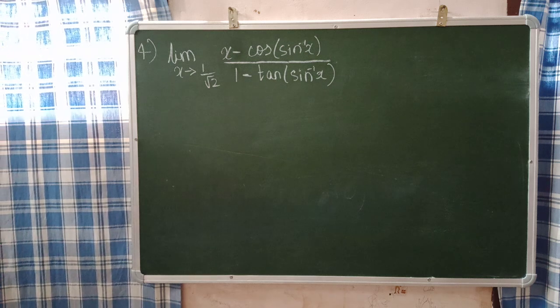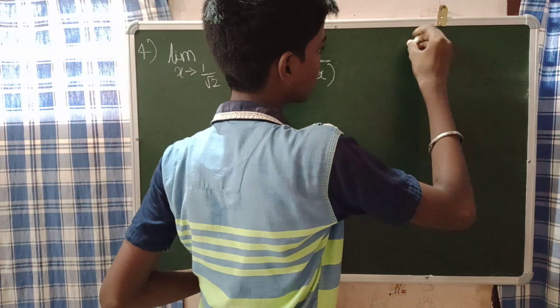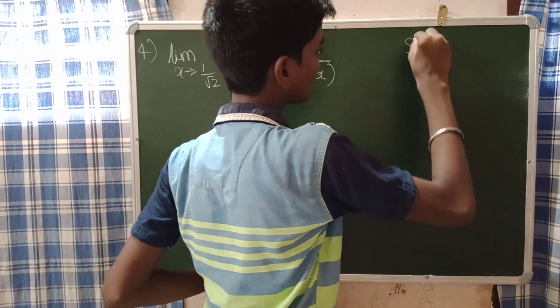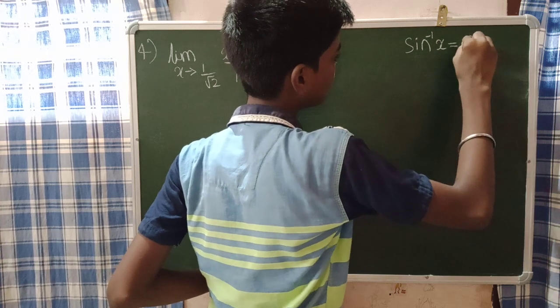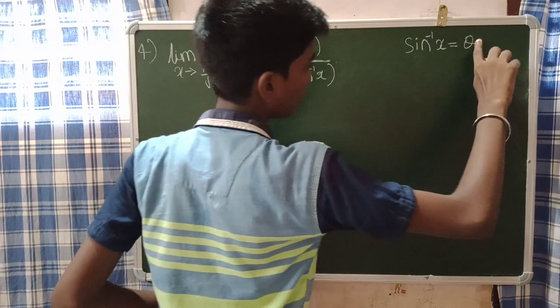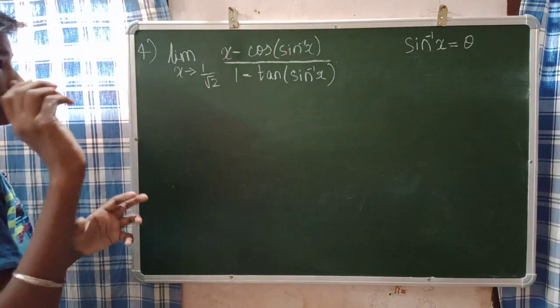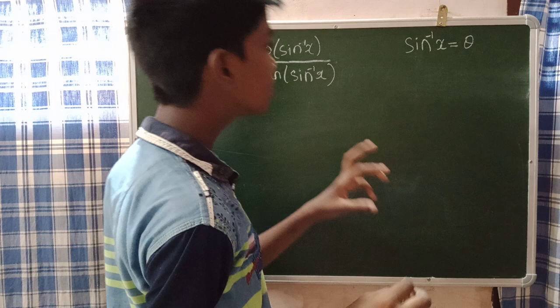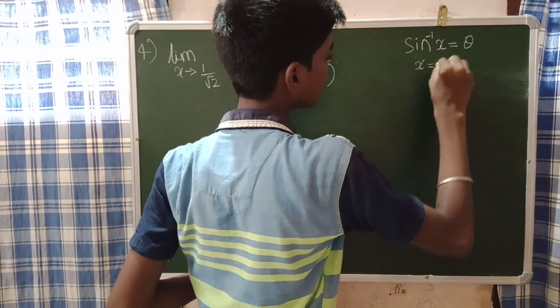Okay, so what I'm going to do is I'm going to take sine inverse of x as theta. I'm going to take this particular term, sine inverse of x, as theta. Then if sine inverse of x is equal to theta, then your x will be nothing but sine theta.